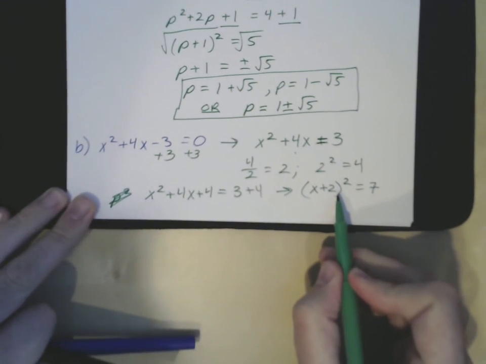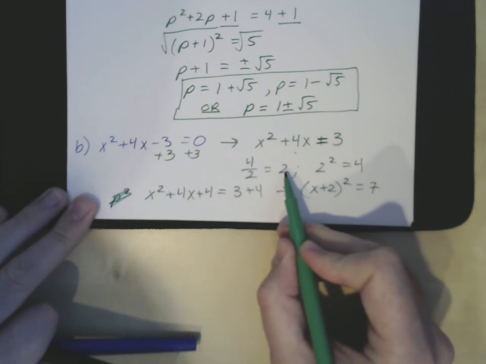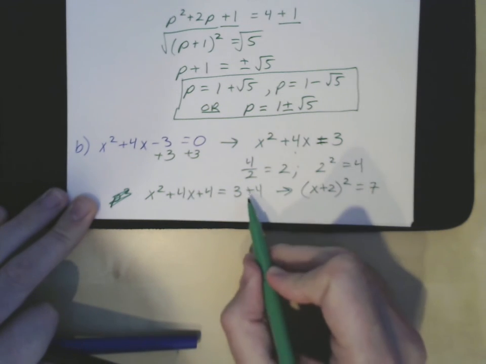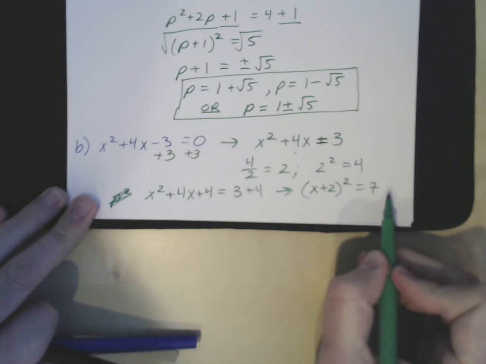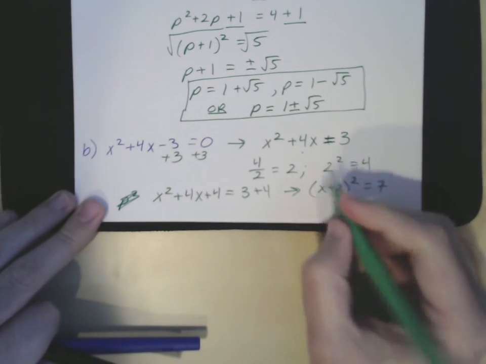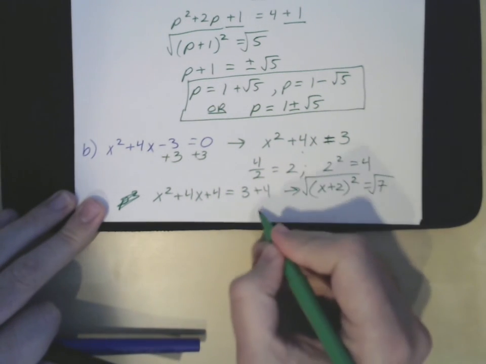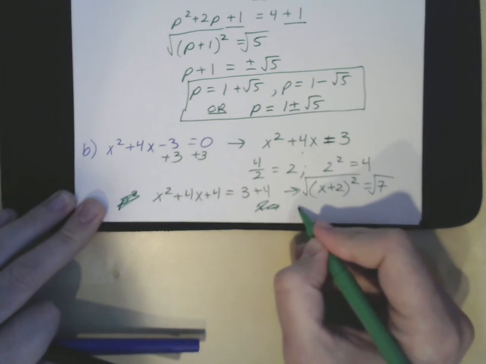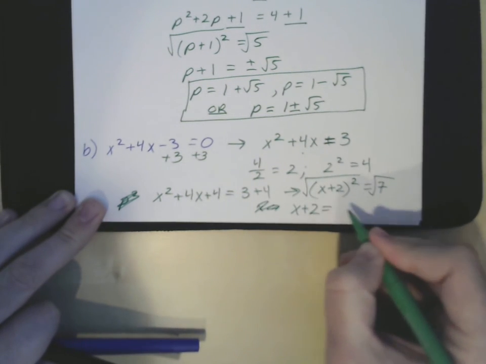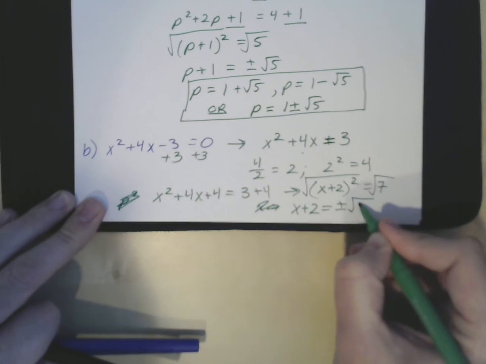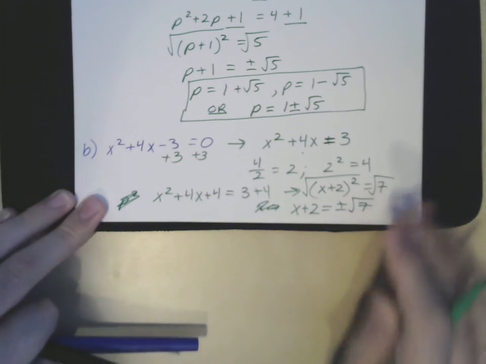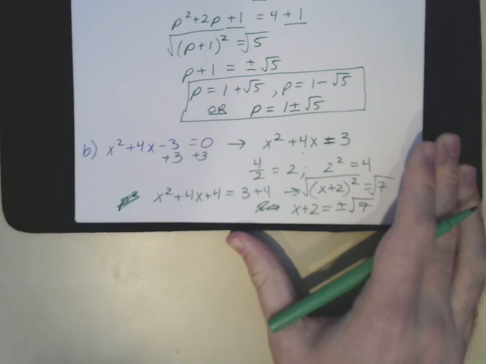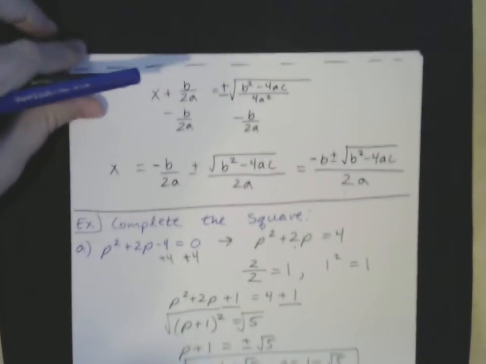And notice the 2 is this 2. But we square it to know what to add to both sides so that our number here isn't wrong. Square root both sides, and we get x plus 2 equals plus or minus the square root of 7. And then we just subtract that 2 over.